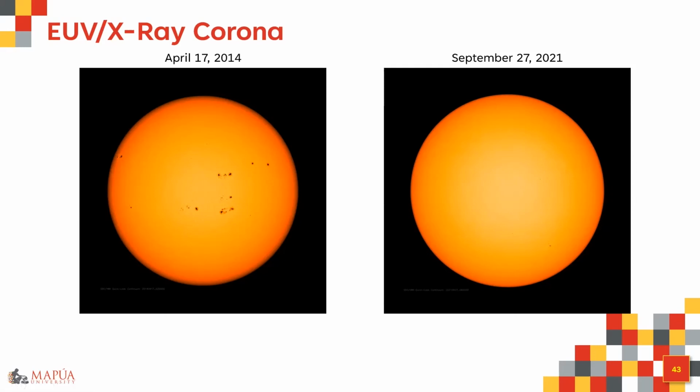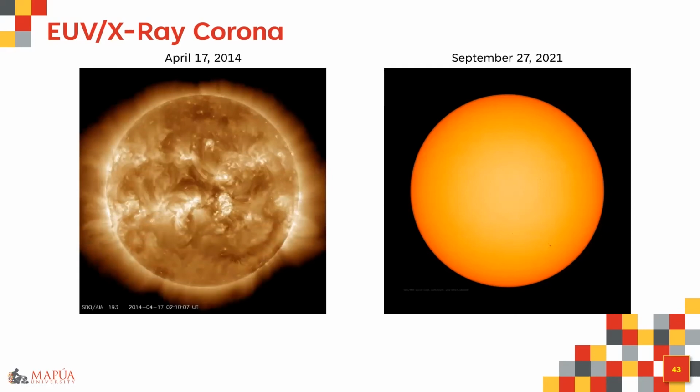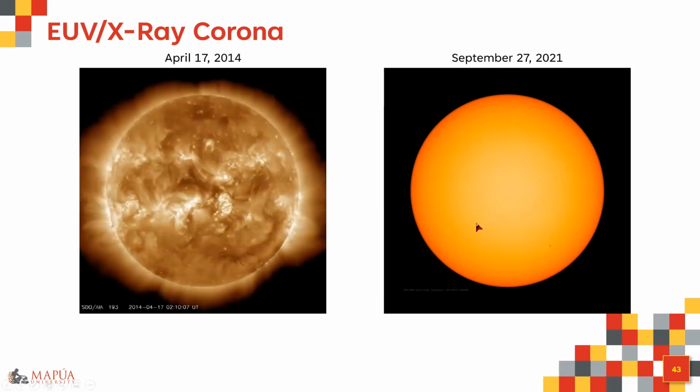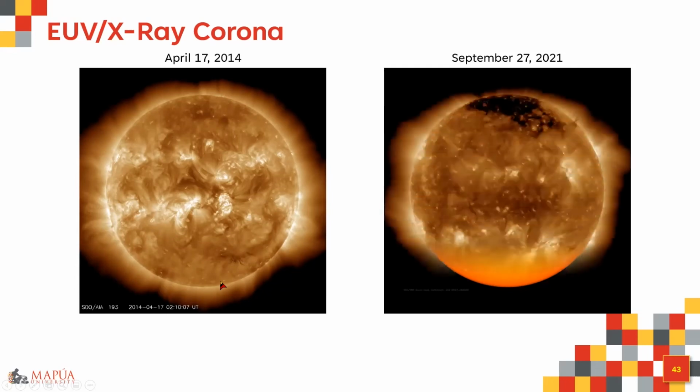And if we're going to use 193 angstrom wavelength image of the sun, or 19.3 nanometers, the April 17, 2014 sun would look like this. So as I mentioned earlier, again, sunspots will appear bright in extreme UV. So this is extreme UV. And then yesterday, the sun looks like this.